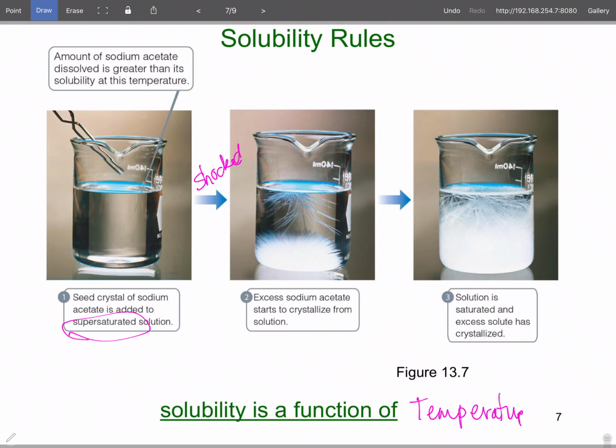In this case, they used a seed crystal, and it's called a seed crystal because then everything will form on top of that. And notice that we start down here and up here as the crystal falls through, and then with time it goes through the whole thing, and it will continue to solidify until it has reached the saturation level.